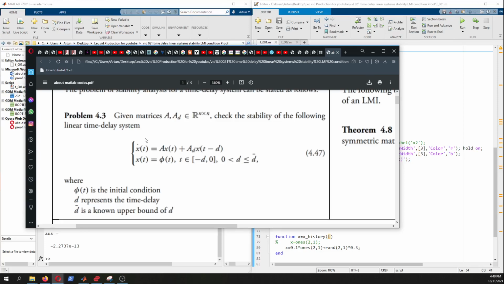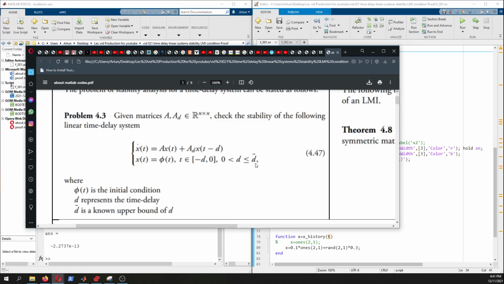Usually we have initial values, right? However, for that type of systems, our initial value is not like a point in state space. Our initial value, quote unquote, is a trajectory, right? Let's say t max is 3. Our initial condition is a signal that takes values between -3 and 0.